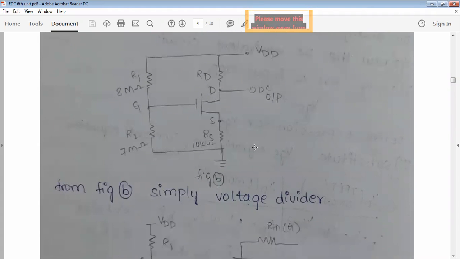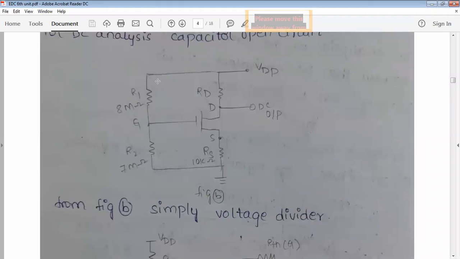Okay. Observe here, the configuration is voltage divider bias configuration. R1, R2 form a voltage divider bias network. First of all, apply Thevenin voltage and Thevenin resistance at the gate terminal, and again redraw the circuit.